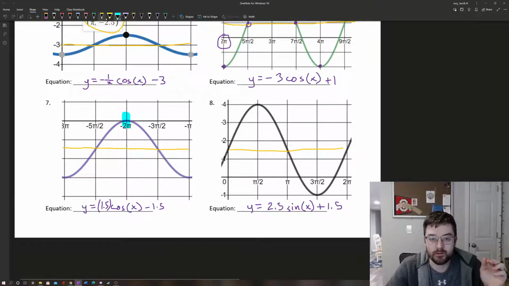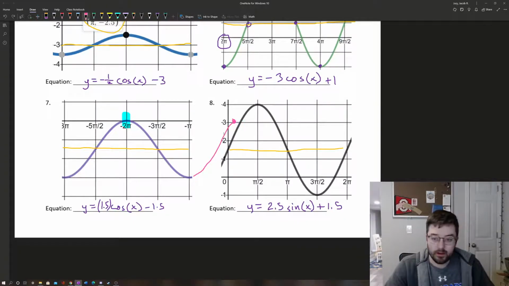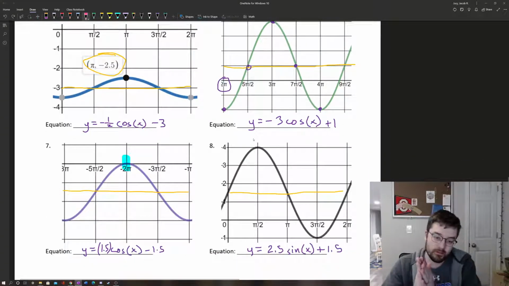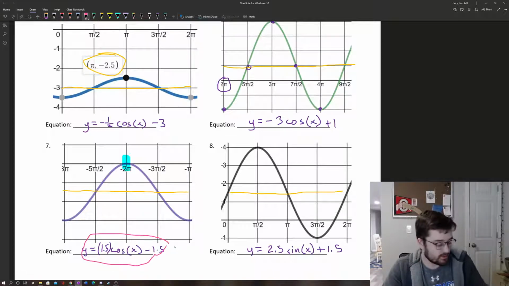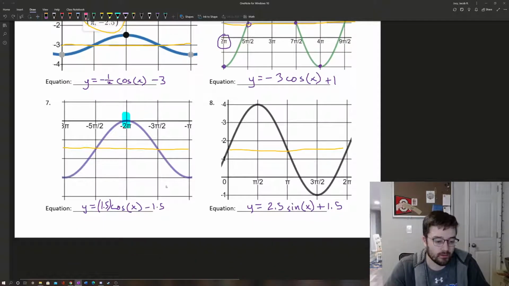If we could sort of sketch kind of a ghost graph of the rest of it, this graph would go up here and it would pretend that this graph for number 8 is not there, but this would be where the y axis is, this peak right here. So again, if you're super stuck on numbers 6 and 7, then maybe take this to Desmos and see how I found these graphs and see how I got these little viewfinders for them.